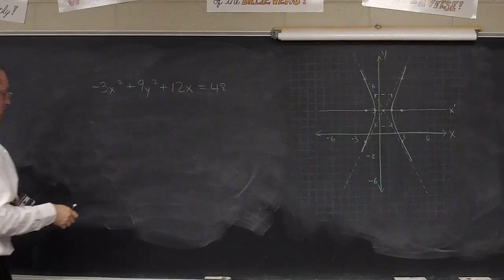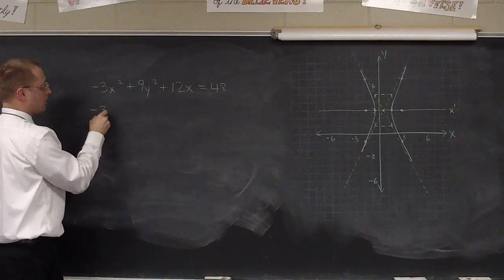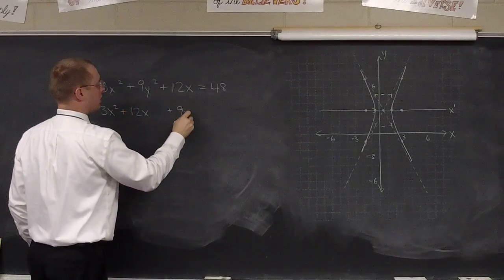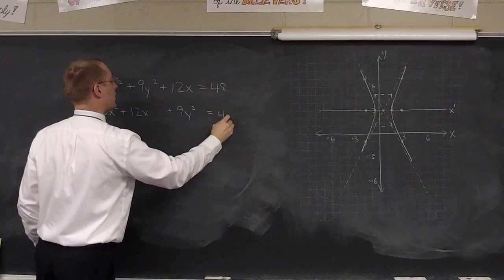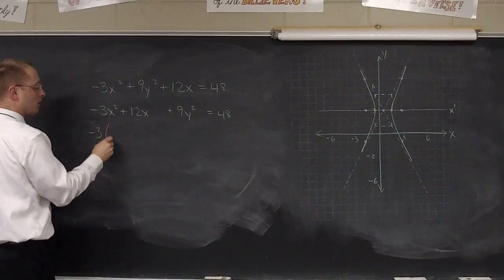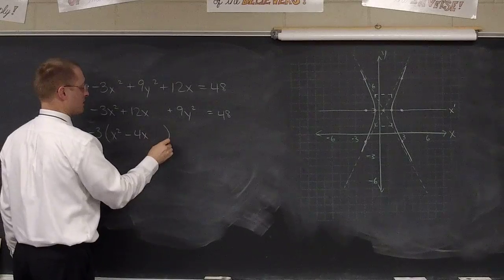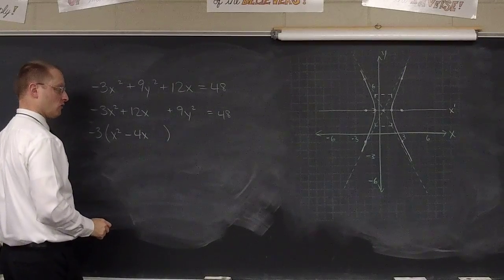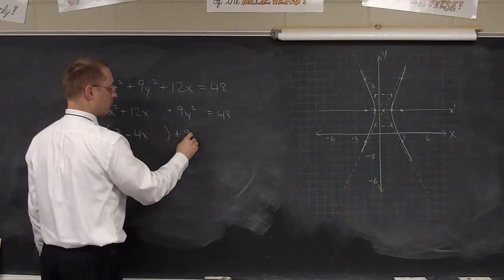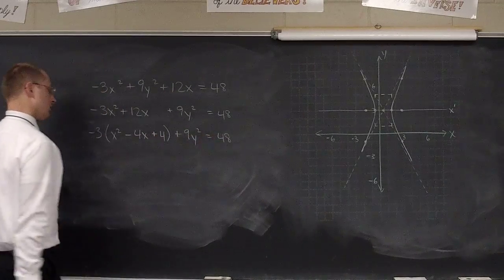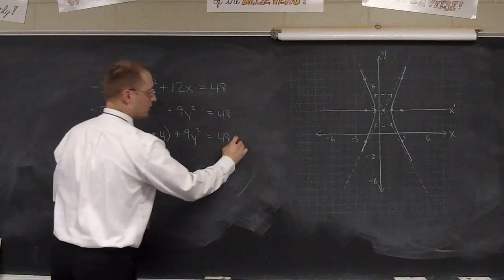We'll go ahead and group the negative 3x squared plus 12x, then just have the 9y squared. Factor out the negative 3, and we'll look at x squared, negative 4x. And then we'll complete the square with a positive 4, and that'll become a negative 12 on the other side.